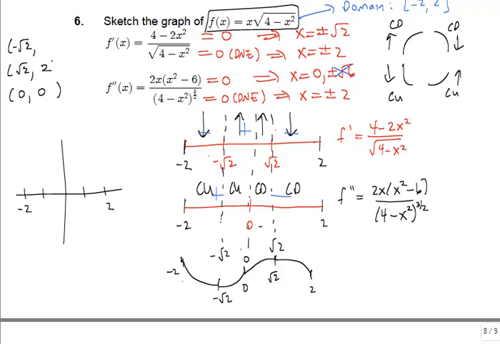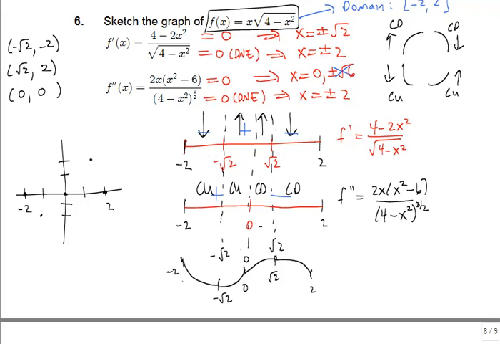So this one will be positive 2, this one will be minus 2. So we're going to get a dot that's right about here, and another dot that's down around here. And at negative 2 and positive 2, that makes this square root 0. So these are both intercepts, and we also had an intercept at 0.